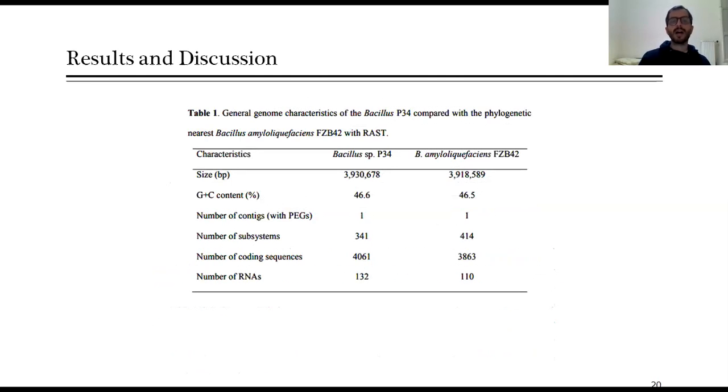In this table, I reported the annotation results of the query sequence and the reference species of the Bacillus velezensis group. And as we can see, there are very similar characteristics between the 2 whole genomes.